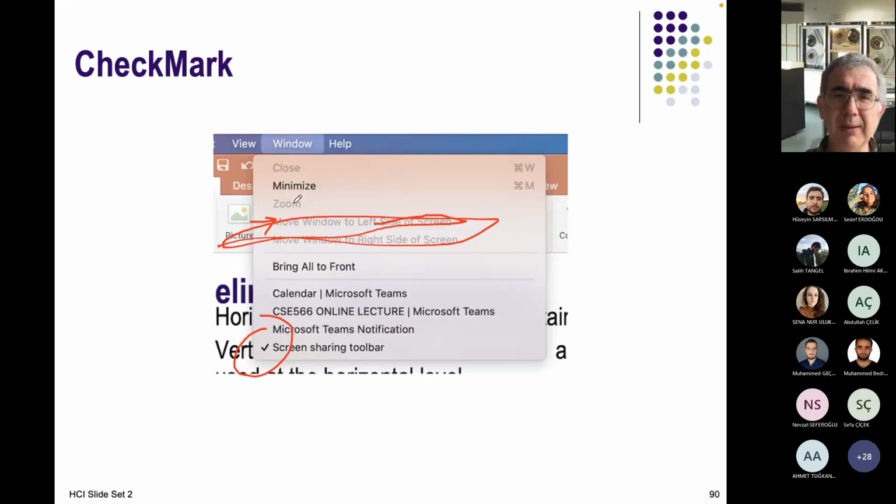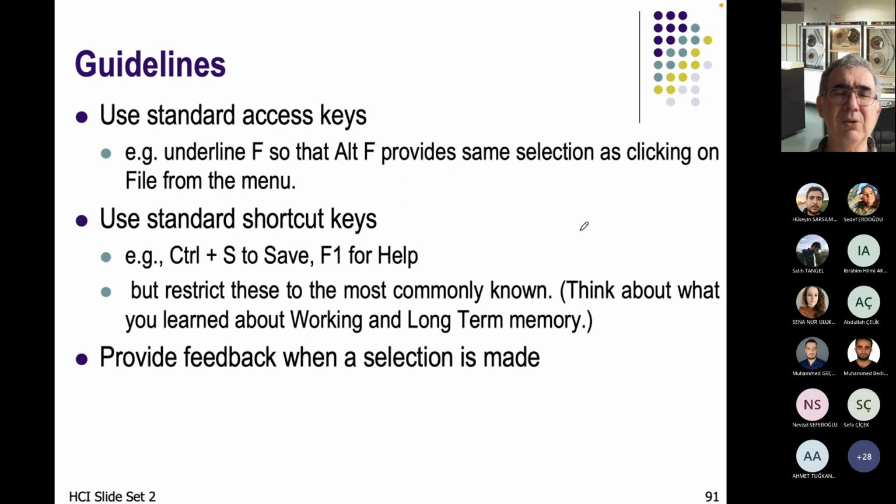So with this, these are the accelerators. Use standard shortcut keys like Control S and Control V for save and paste, etc. Alt keys are for the PC world. Not many people are using them lately.